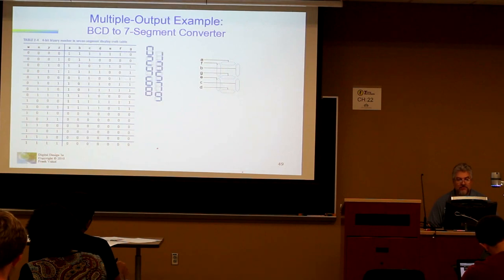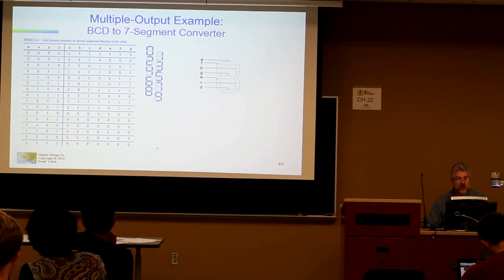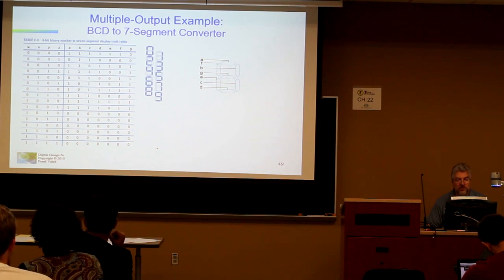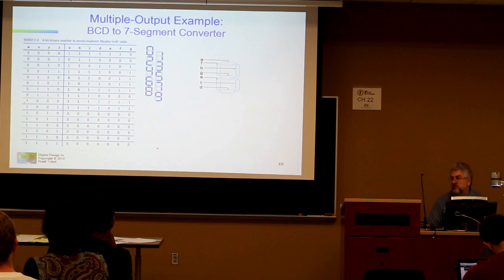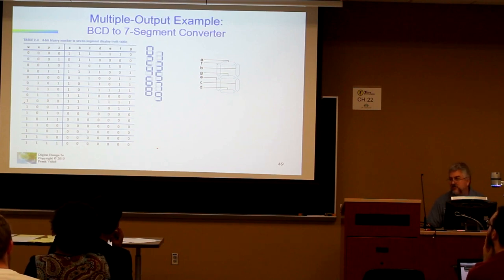Now to do that, you could start with the table. In other words, the value of 0 is going to be 1, 1, 1, 1, 1, 1, 0. All of these lit except for G. Or for example, this is 1, 0, 0, 0, which is the decimal number 8. That would be lighting up how many of them? Every single one of them, right?